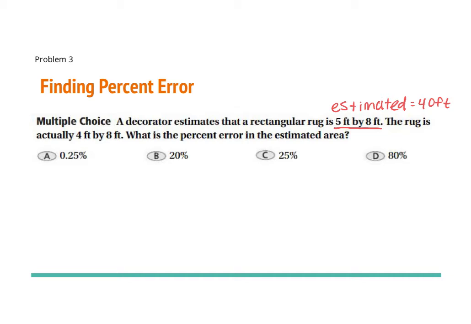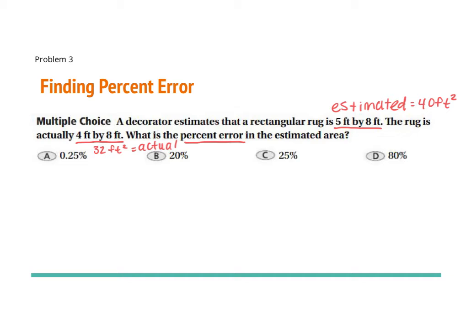The actual area was 4 by 8 feet, so that's going to be 32 square feet, and that's the actual. It wants us to find percent error, so we're going to use that same formula.